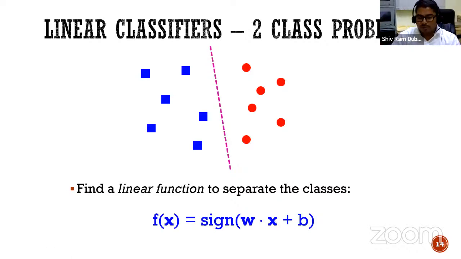Suppose we have already trained the model, and this is our hyperplane, meaning our classifier. So we also know the coefficients from w1 to wd. Then we can find the sign of w dot x plus b, and if the sign is negative, it belongs to the first category, otherwise it belongs to the second category.